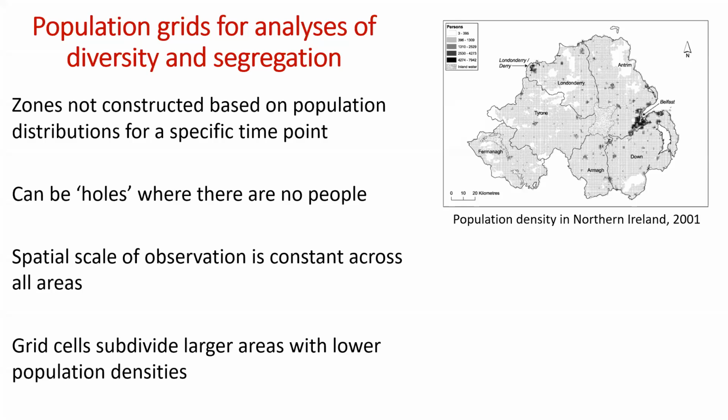Another point about grid cells is that they subdivide larger areas with lower population densities. So countrywide statistics based on grids emphasize, relative to standard zones, locations with lower population densities. And again, if we think about ethnic diversity, that's potentially really important and significant, because it removes that urban bias to which most analyses of standard zones fall prey.